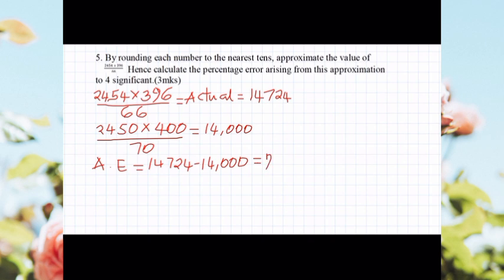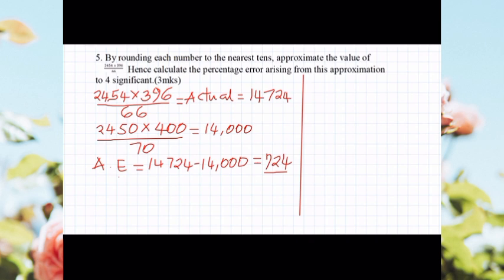In this case, we are not going to find the maximum and the minimum, since here the error is not coming from the measurement, the error is coming from rounding off. And so when you're rounding off, the absolute error is the difference between the rounded value and the actual value. So we just proceed here with our absolute error to find out what our percentage error is going to be.